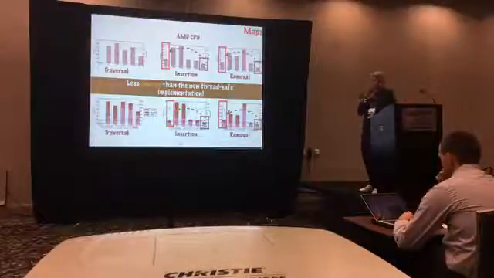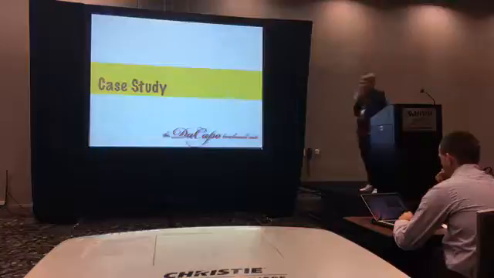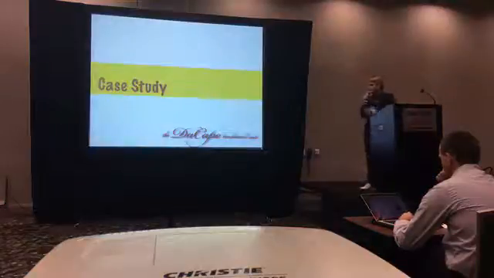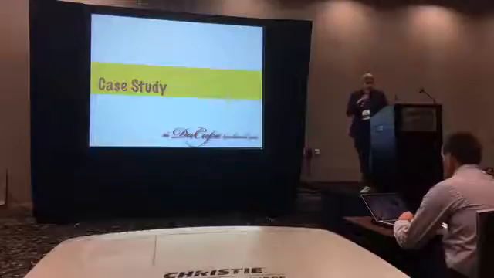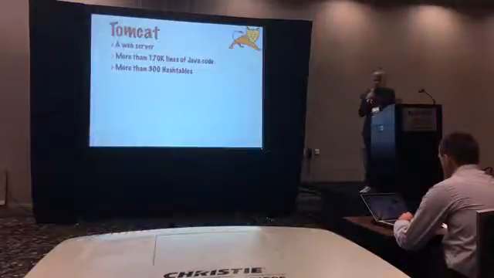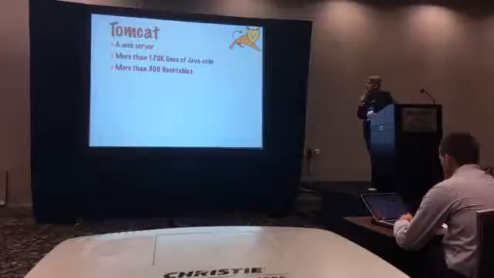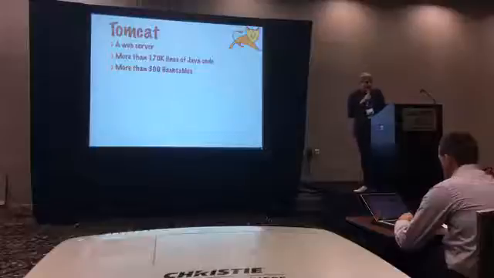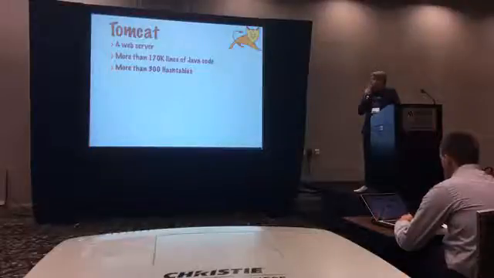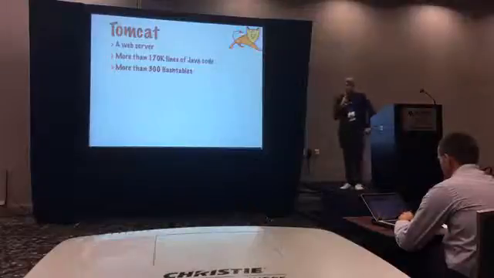So with these findings, we did a case study. In the case study, we used the DaCapo benchmark suite, which is a framework with non-trivial benchmarks. We chose two of these benchmarks, and the first one was Tomcat. Tomcat is a web server, and it has more than 170,000 lines of code, and it has more than 300 hash tables, right?